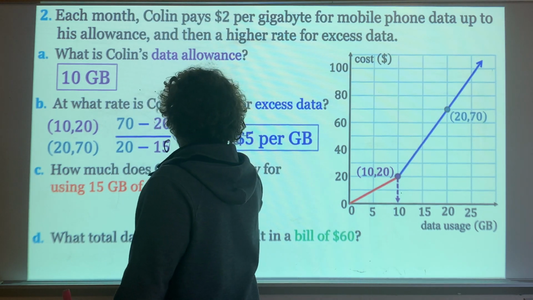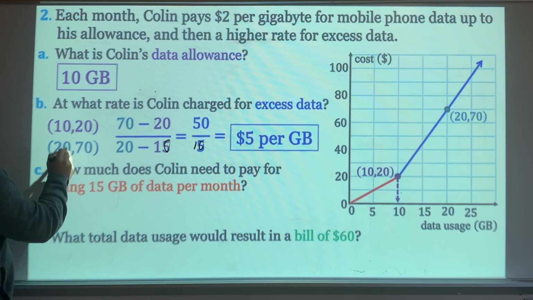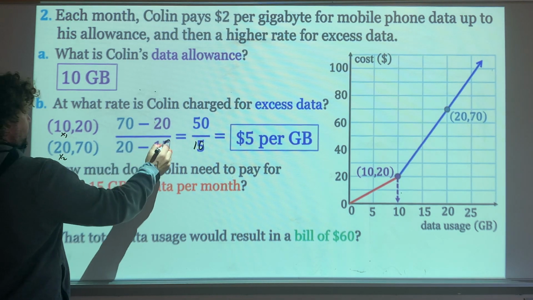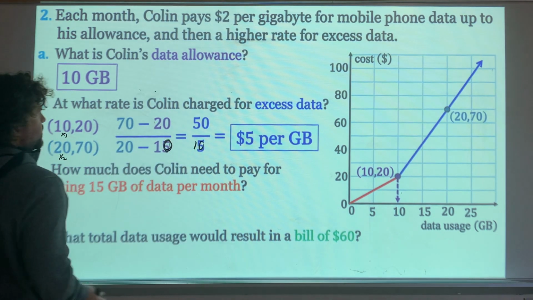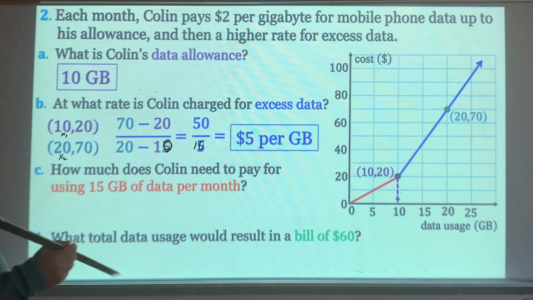So that's a 10, and that's a 10. X2 minus X1 was really 10. I don't know why I put 15 there. So our answer really is $5 per gigabyte. See, that's why you always want to check your work. Even I make mistakes. But what I'm doing here on the sideboard is getting it so I fix it when I give you my notes online.